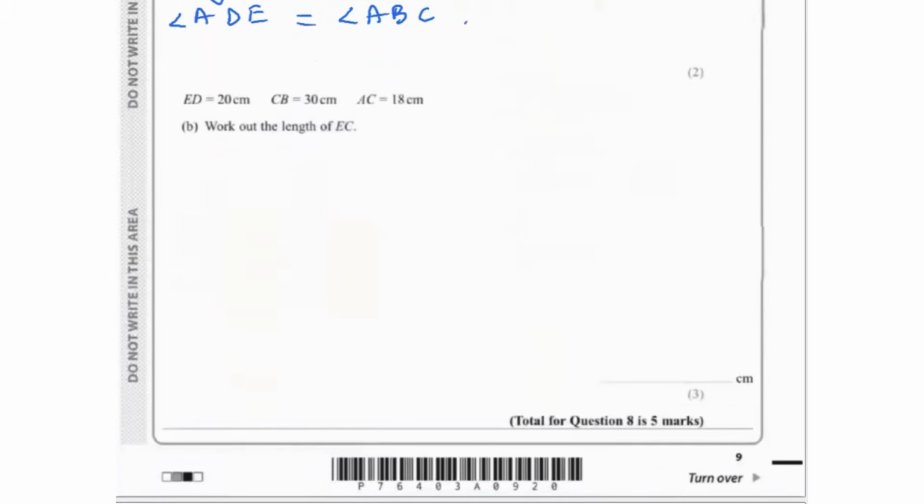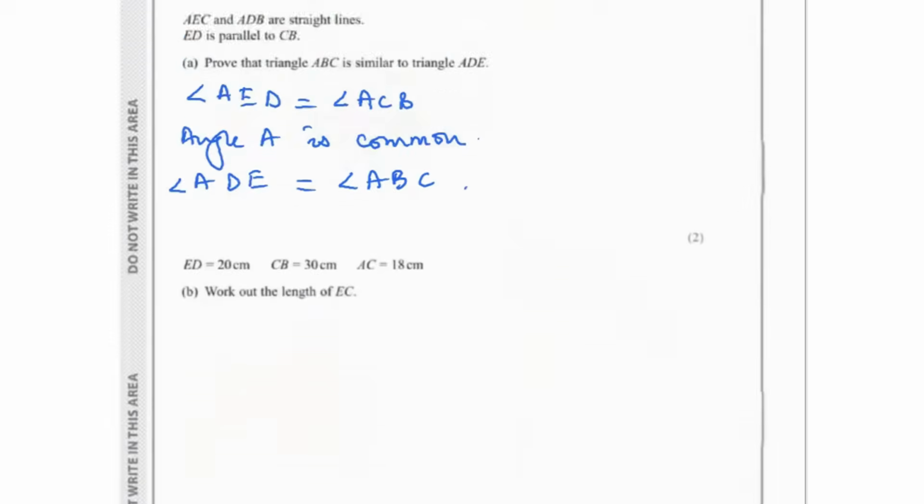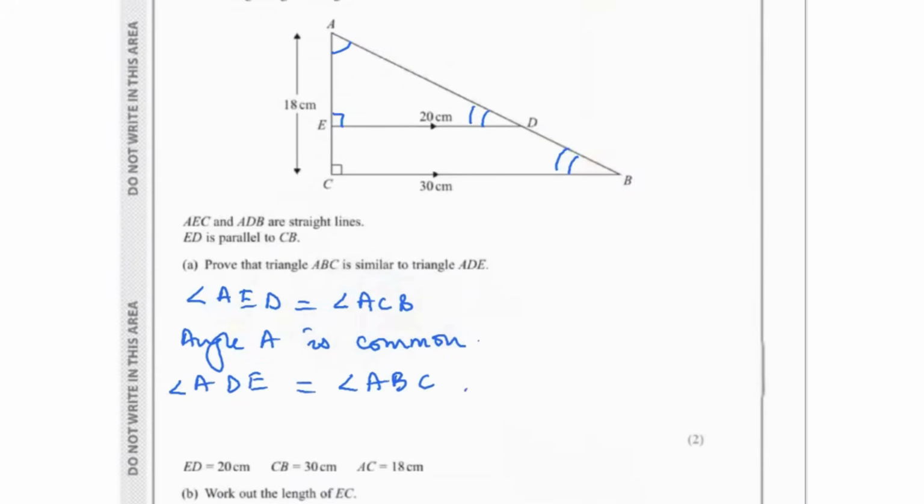Then ED is 20, CB is 30, and AC is 18. We have to work out the length of EC. So this is what we need to work out. Very simple. If we find the length of AE, we can use that to figure out EC.